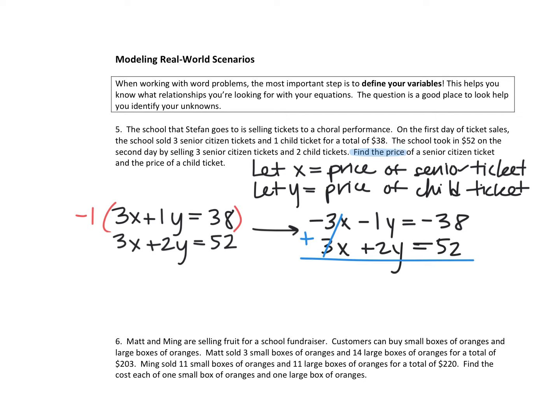And you add up the rest, -1y plus 2y is 1y. And then -38 plus 52 is 14. Okay, so you end up with 1y equals 14. You would divide by 1. It's just 14. So that's my y value.